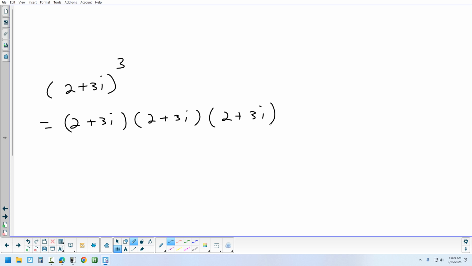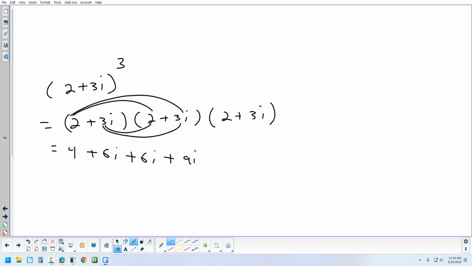So 2 plus 3i, 3 times. And now I need to FOIL all that out. So I get 2 times 2 is 4. 2 times 3i, another 2 times 3i, and then 3i times 3i, that's 9i squared.